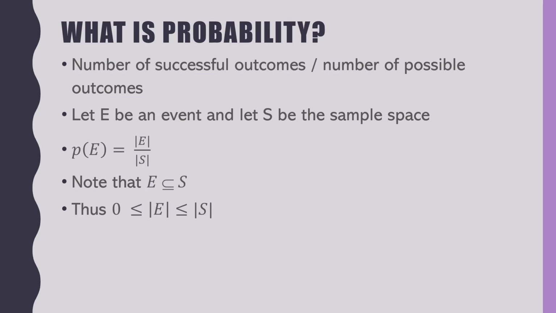What's the probability I'll get 0 things? Depends on what kind of action you're taking. But that is a thing you could also get. But also note that the cardinality of the event set is less than or equal to the cardinality of the sample space. Because maybe I want to know the probability that I'll get a 1 or a 2 or a 3 or a 4 or a 5 or a 6.